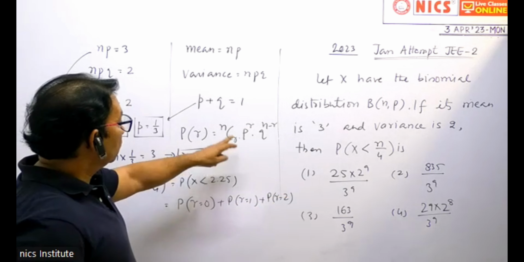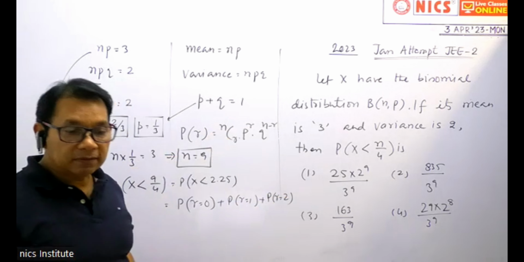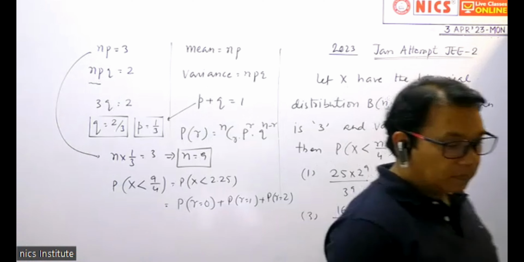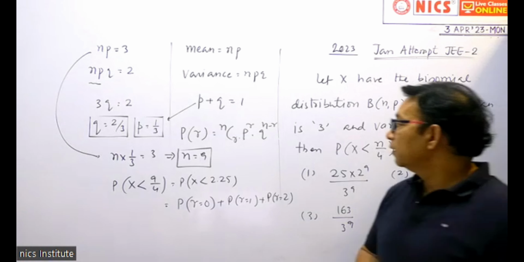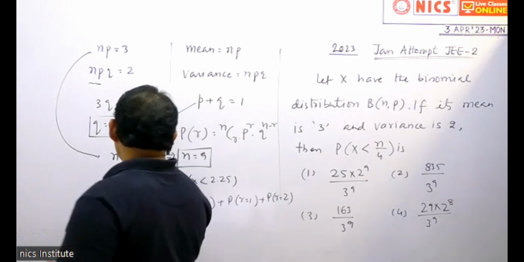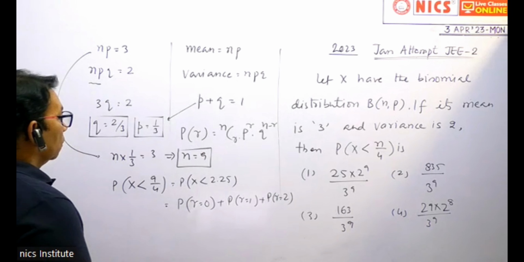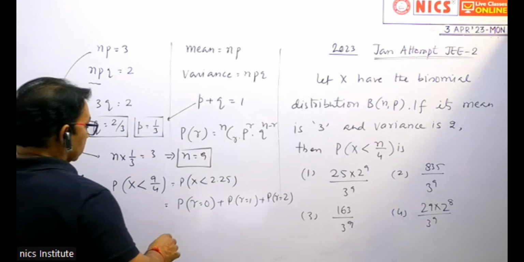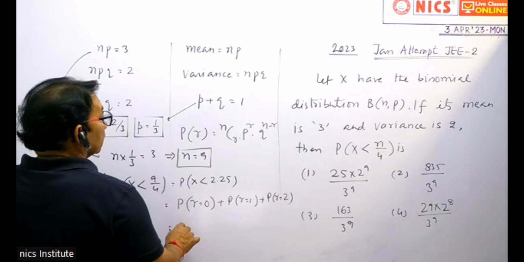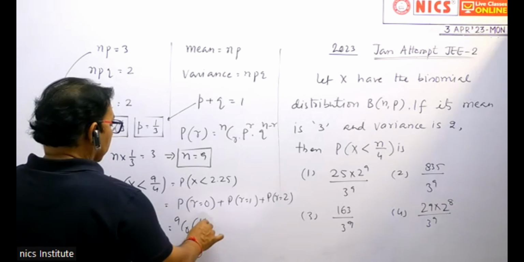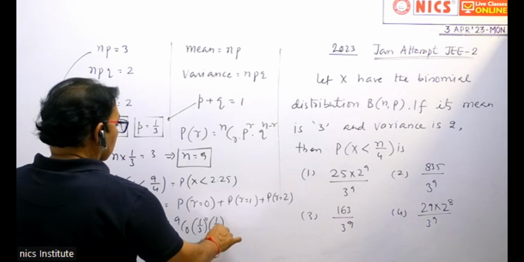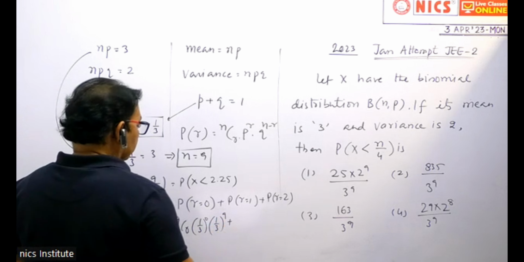You have this formula, you have all the values, substitute and tell me the answer. Substitute N, substitute R, get the value of this required probability. This would be 9C0, 1 by 3 to the power 0, 2 by 3 to the power 9.